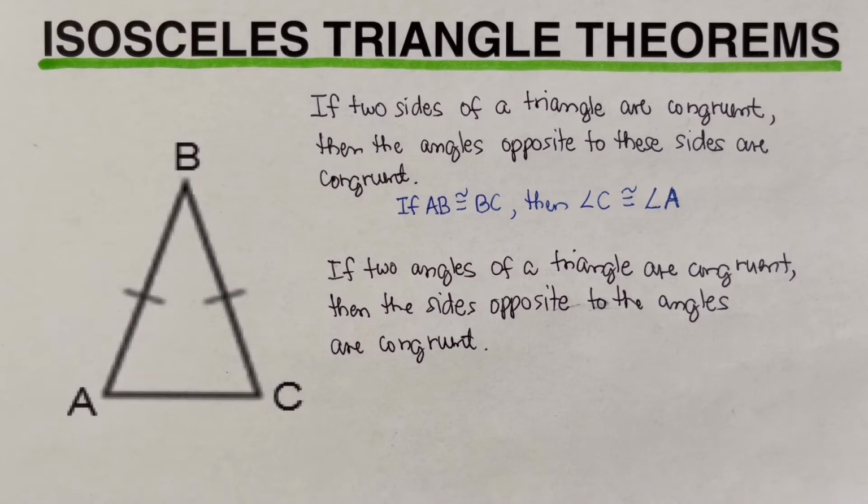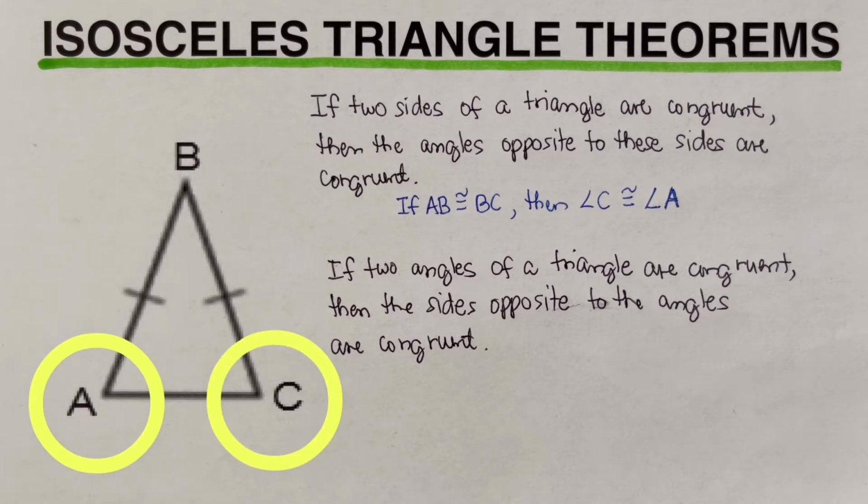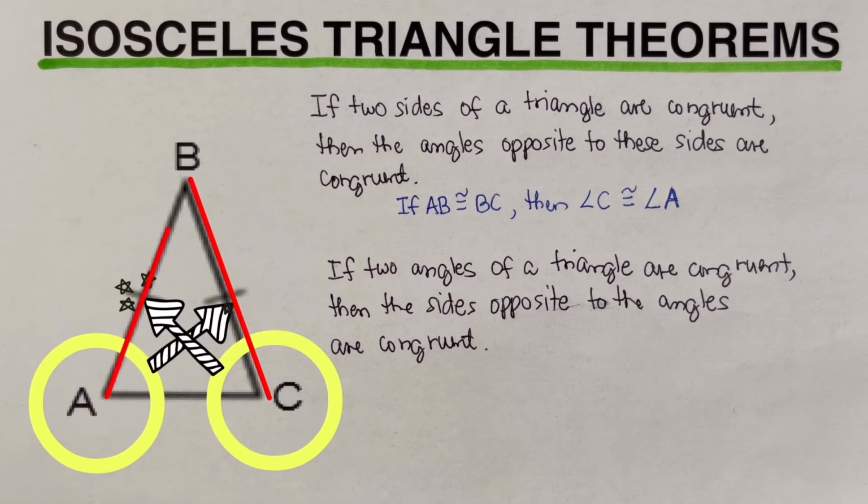Looking at this triangle right here, if our angle A is congruent to angle C, then we can say that BC, the side across from A, and AB, the side across from C, would also be congruent.